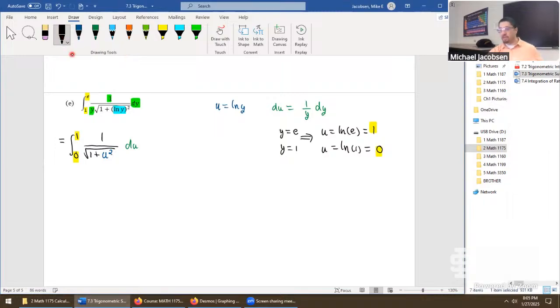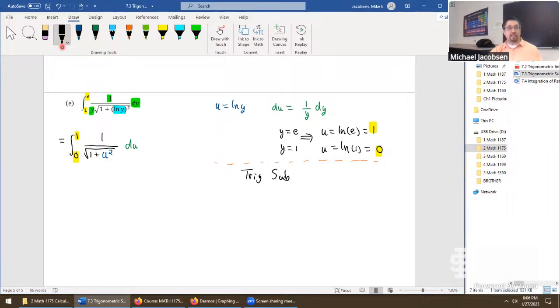Oh, I still need a numerator. So there's our new integrand. We could put a little border here to say we're done with the u substitution method on this first attack. And it was worth it, right? The original integral is very complicated to look at. That's a huge reduction of complexity. We just had to change out a variable. But now that we're there, it turns into a trigonometric substitution.